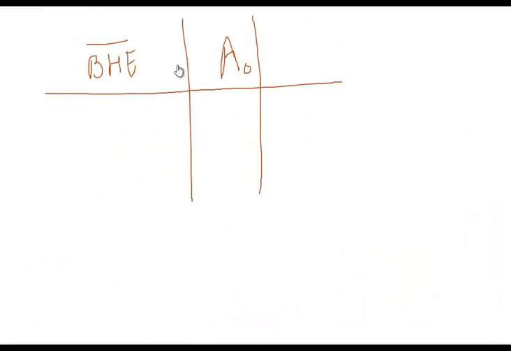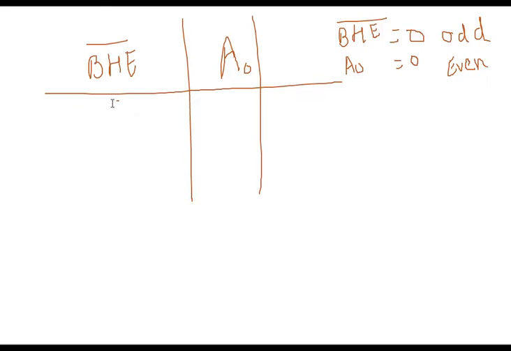When BHE bar is equal to 0, the odd bank gets selected, and when A0 equals 0, the even bank gets selected.